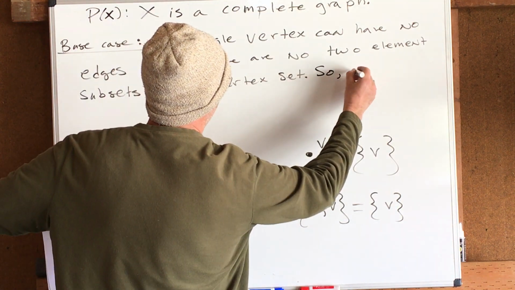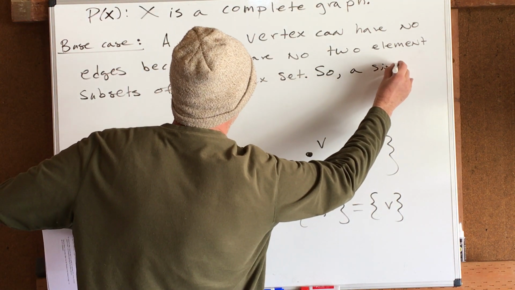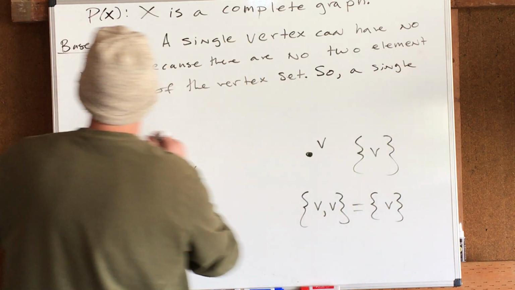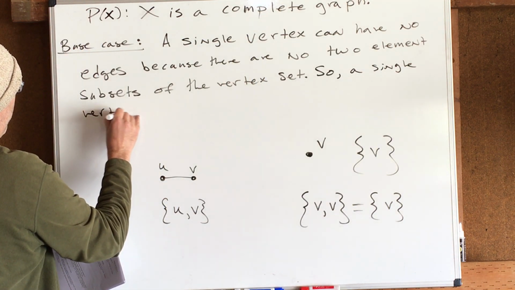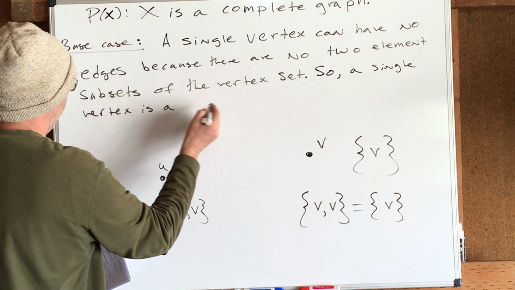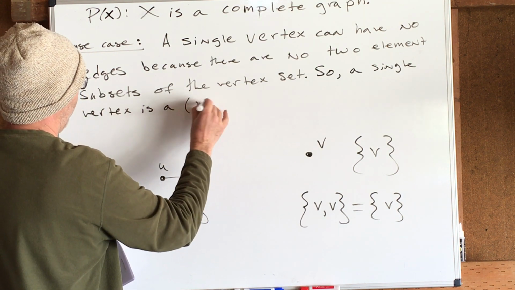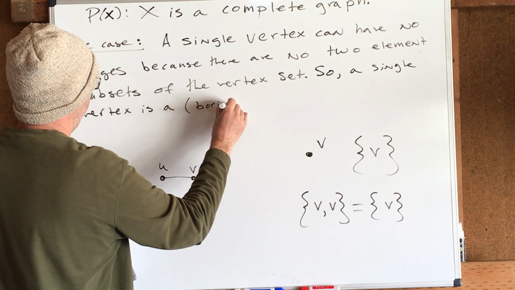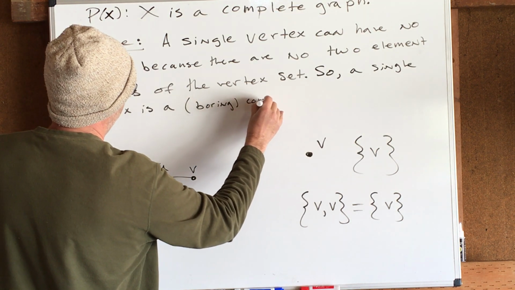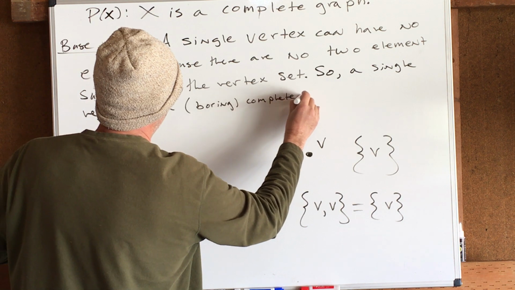So a single vertex is a, let me put in parentheses, boring complete graph.